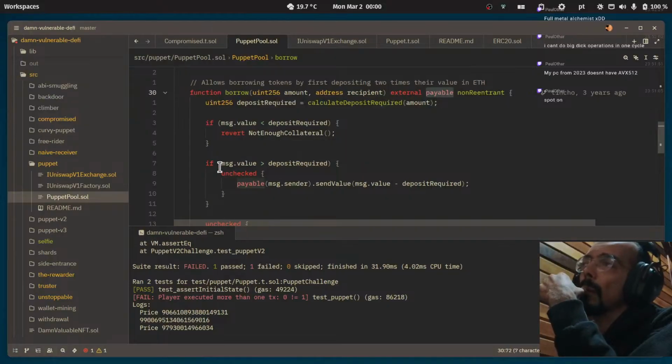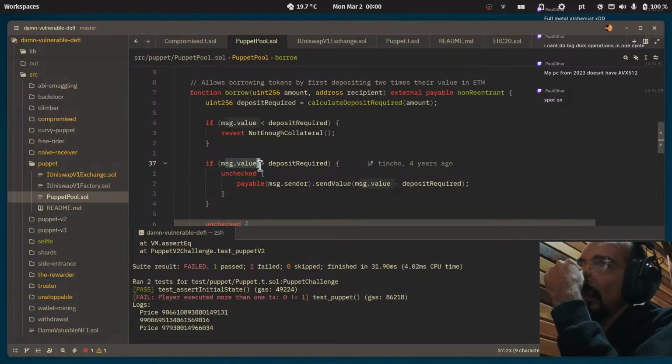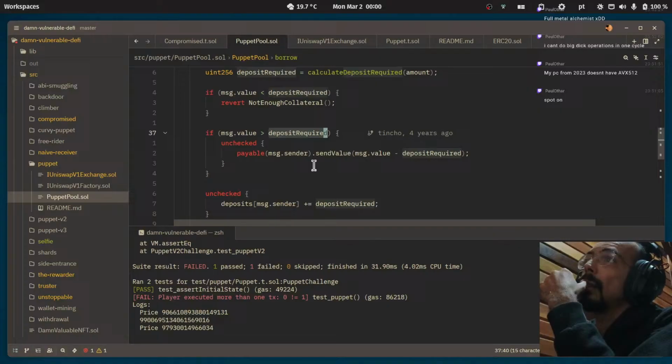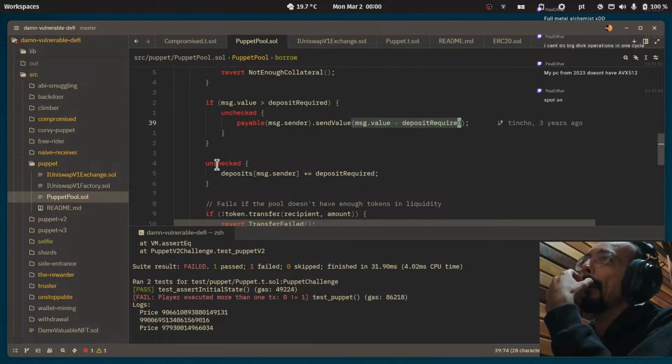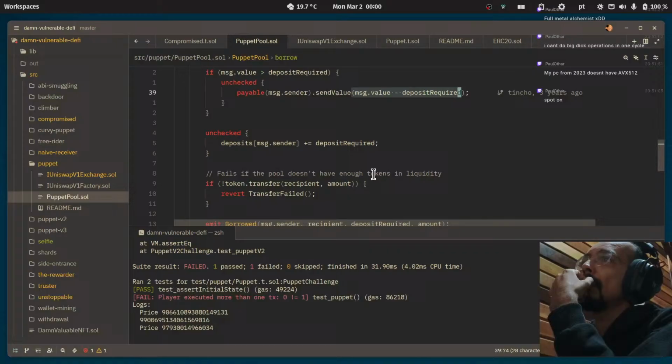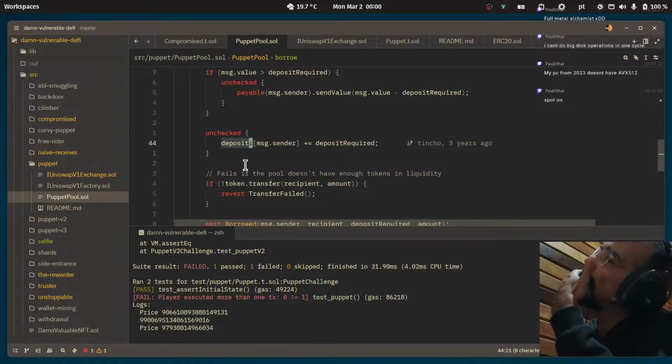And I can now re-enter. And here, see the value is greater. You're gonna send me the exchange back, the change, right? The change back. And here, they're gonna, why?